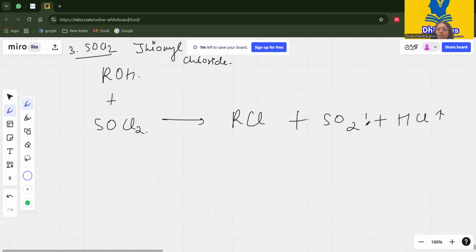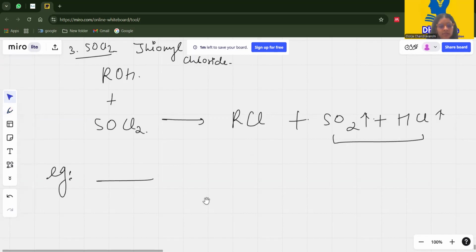These two byproducts are gases. And such a reaction is always preferred, which will give byproducts as gases so that my main product is easily attained. Please try an example of this on your own. R can be anything. You can take it to be CH3, you can take it to be C2H5. It's not hard. When you try it, you will get the answer.